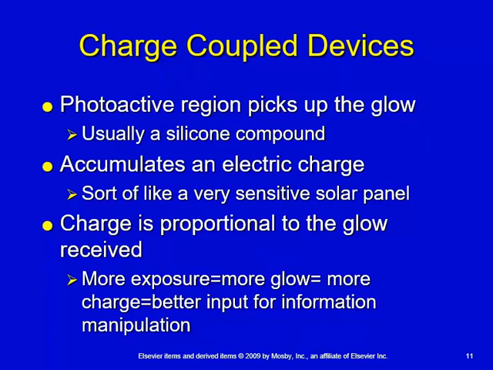So the more light it receives, the more of an electric charge it accumulates. Again, sort of like a solar panel. So the electric charge is proportional to the glow that it receives. So more exposure equals more glow equals better input for information manipulation.